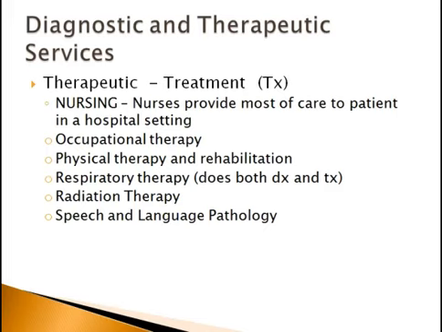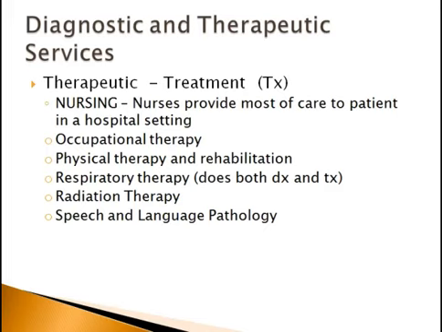Therapeutic are those departments that actually treat the patient. Nursing is the major therapeutic department. They provide most of the care to the patients in a hospital setting. Occupational therapy provides care. Those are the ones who do the small muscles or the small motor exercises. Physical therapy and rehab work on the large muscles, being able to walk.